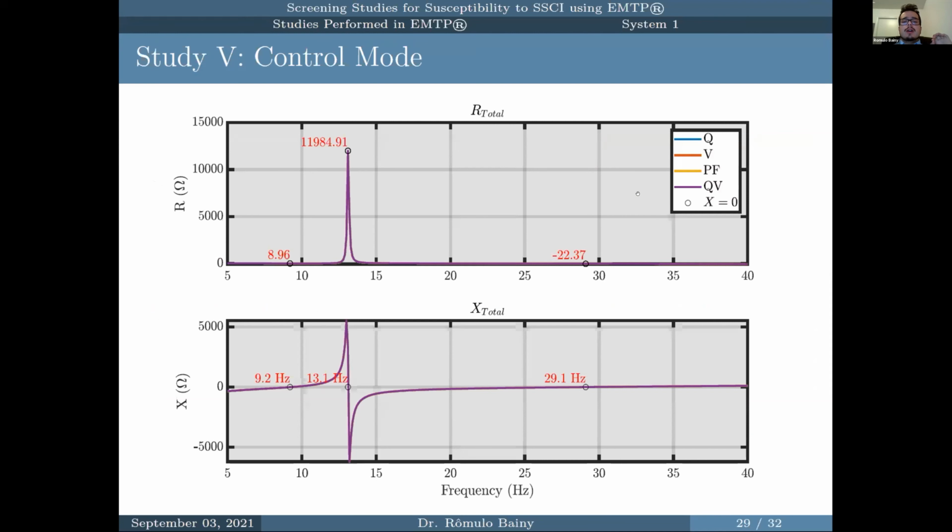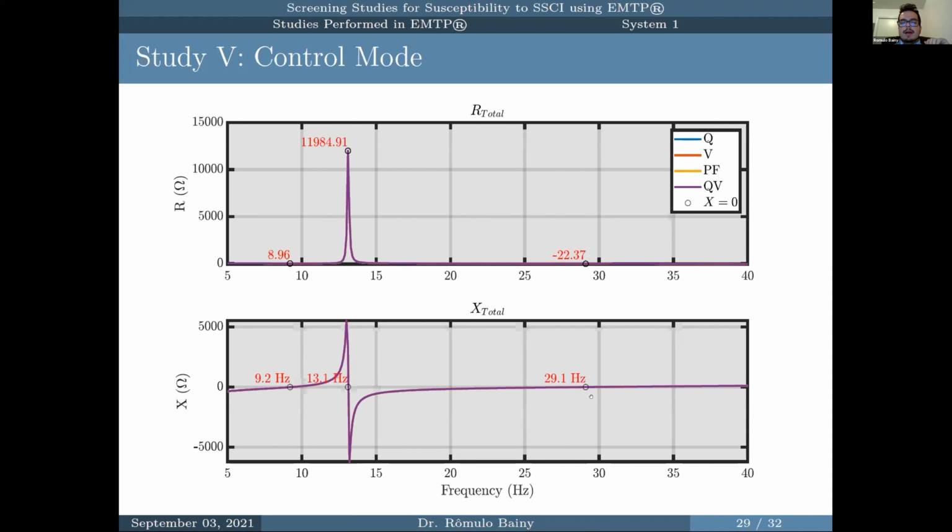So the results that we got here for the resistance and for the reactance are basically the same for all control modes. So all the curves here are going to have basically the same value. The resonance frequency varied less than 1%, so it's basically going to be the same value here and here.